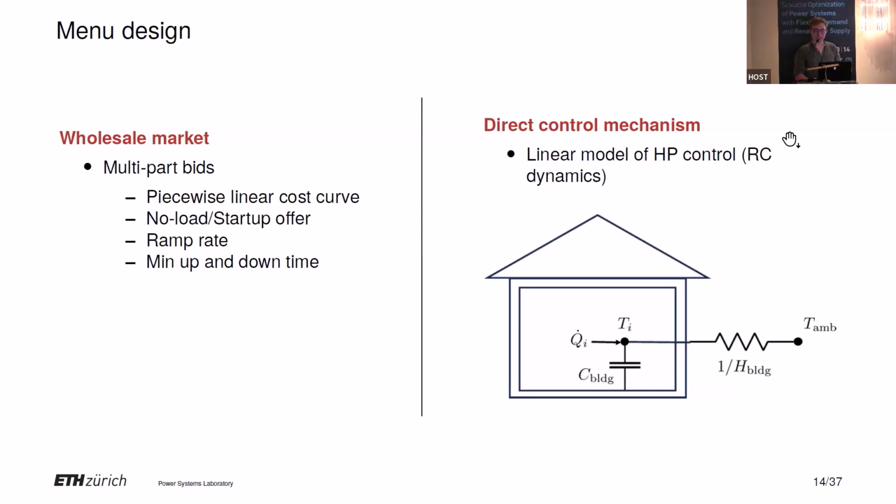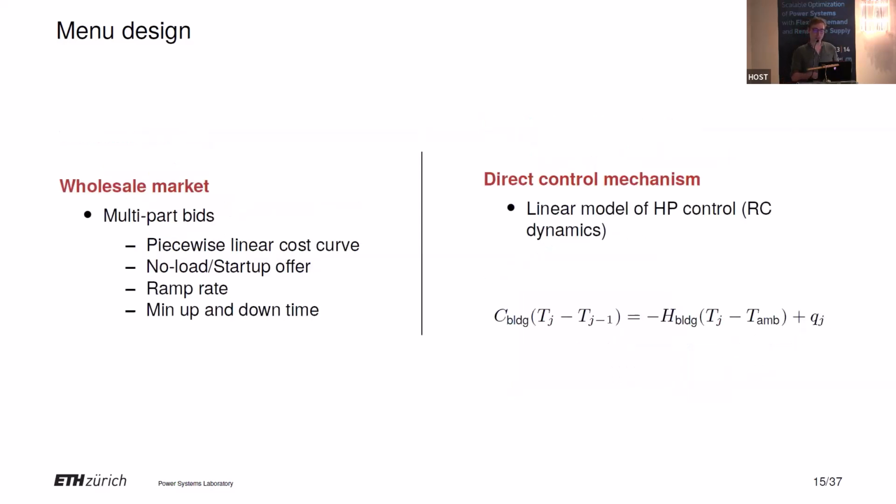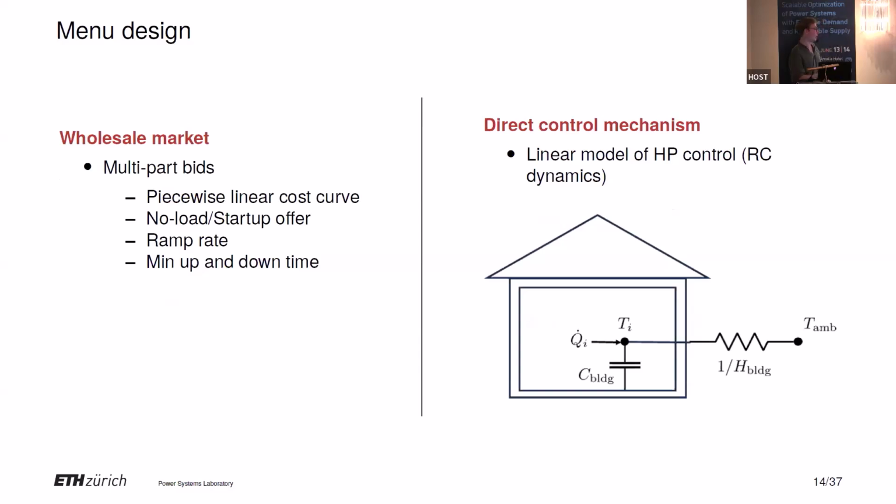So typically here I'm going to use the well-known RC dynamics. That basically has simply two parameters, and it's a linear formula that describes the evolution of temperature in a building if you input some energy. It is called RC because it's analogous to the capacitance-resistor model in a circuit, which is also shown in this slide.